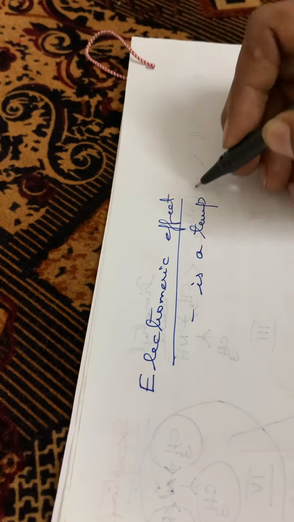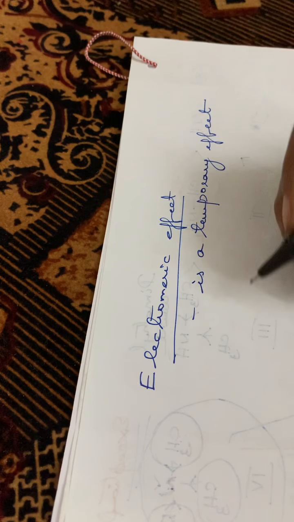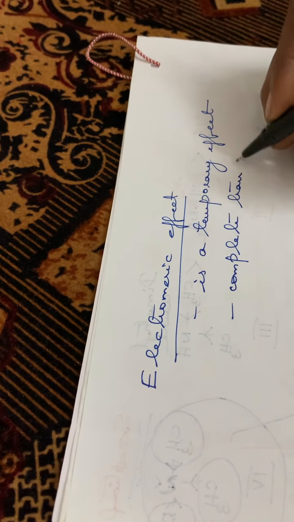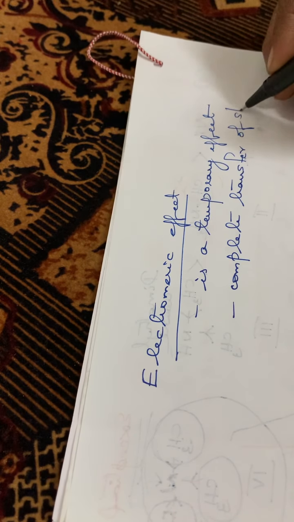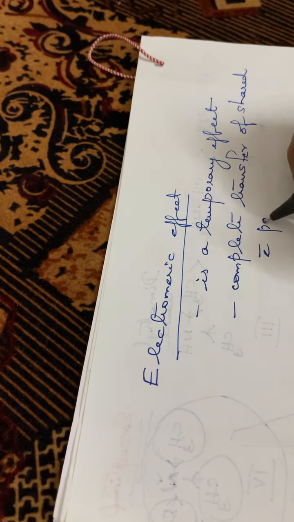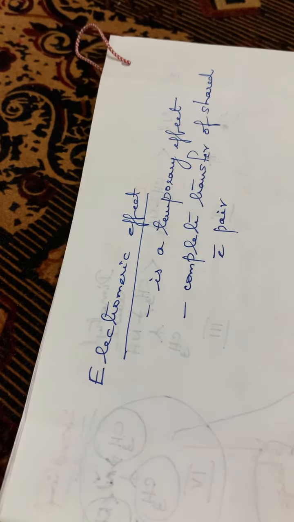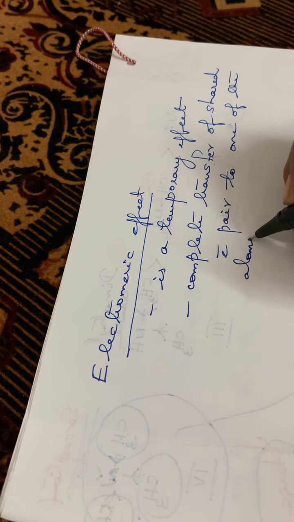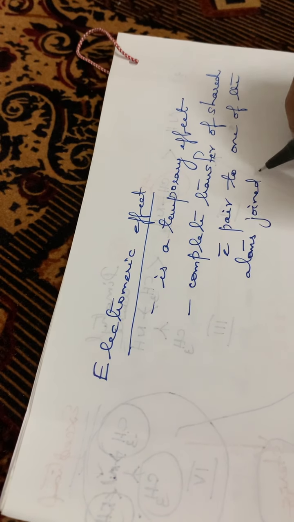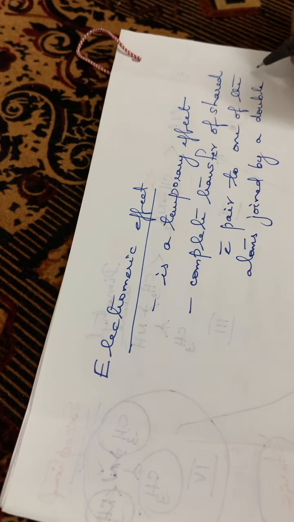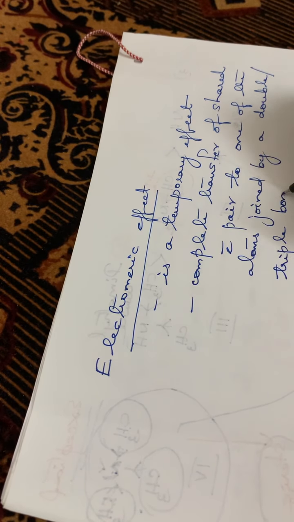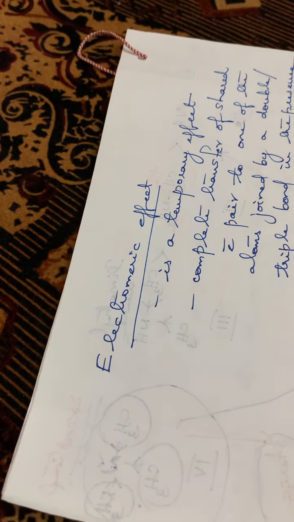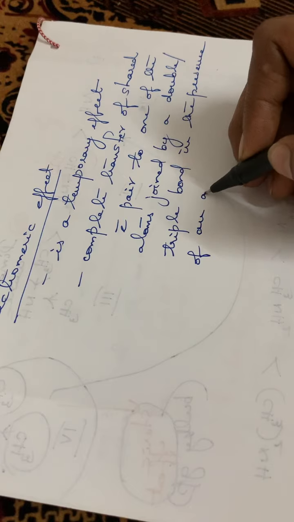It is a temporary effect which involves the complete transfer of the shared pair of electrons, the shared electron pair, to one of the atoms joined by a double or triple bond in the presence of an attacking reagent.